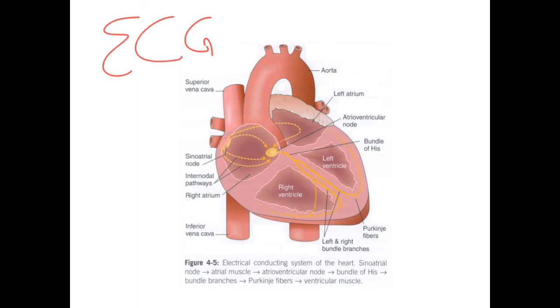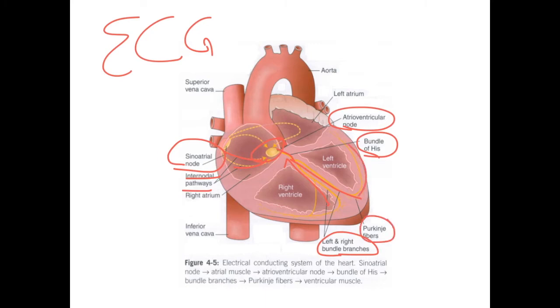The electrical conducting system has the sinoatrial node, the intranodal pathways, the atrioventricular node, or the AV node, and then the bundle of His, which continues to the right and left bundle branches, and then the Purkinje fibers, which spread throughout the left ventricle.